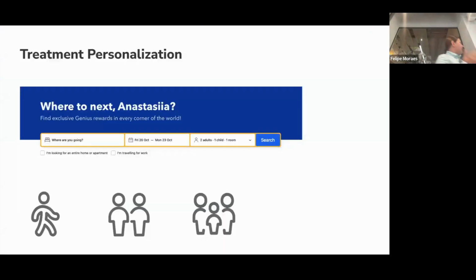So again, probably you remember treatment personalization. Why is it important? Because not all kinds of personalization are relevant for all users. So let's think we would like, at Booking, to improve the family experience.